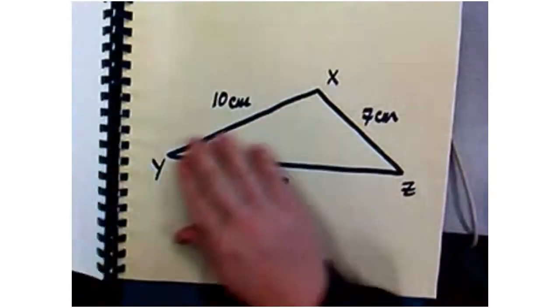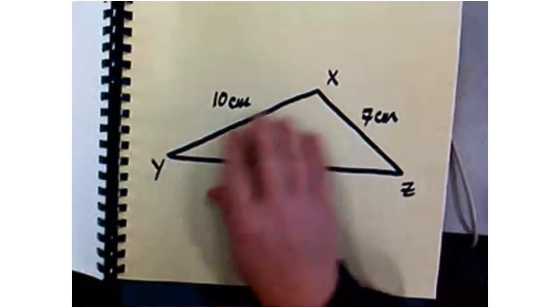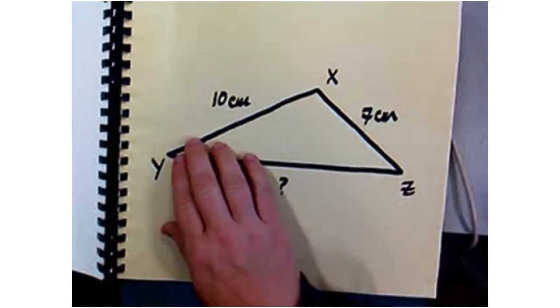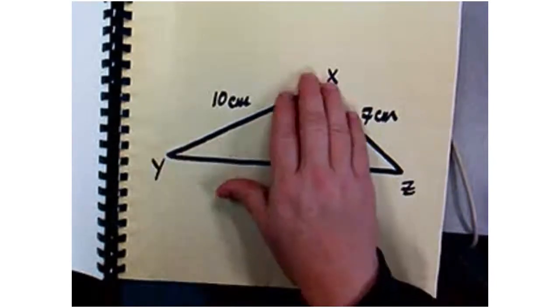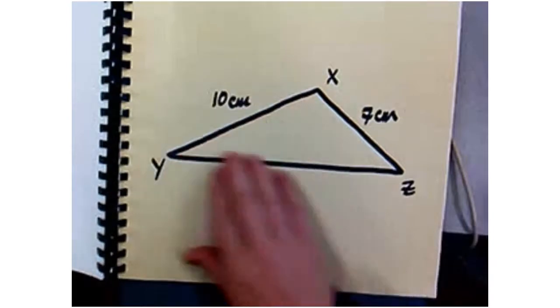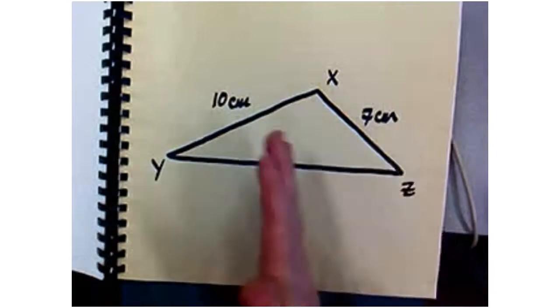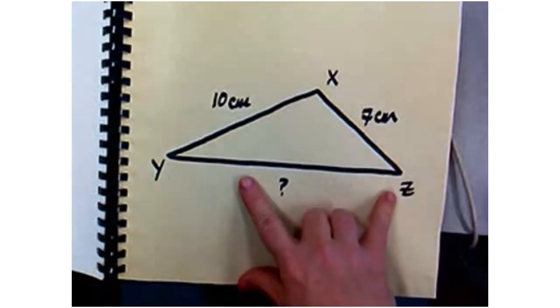And it gives a triangle with those, making a drawing of XZ, that's 7 centimeters on the right, and YX is 10 centimeters on the left, and then YZ is a question mark.